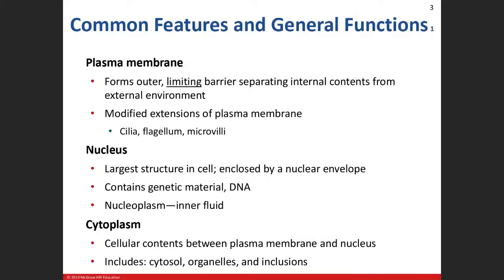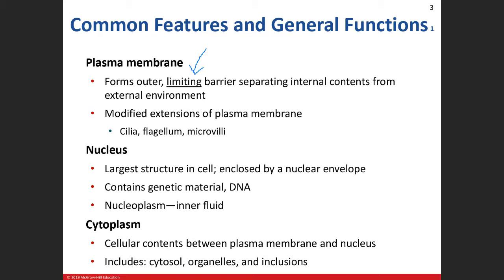But the plasma membrane, think of that as the outer covering of the cell, like the chocolate coating to an M&M. So it is the outer barrier, but more importantly, it is the limiting barrier. We'll talk about its specific functions and the description of that term limiting shortly.